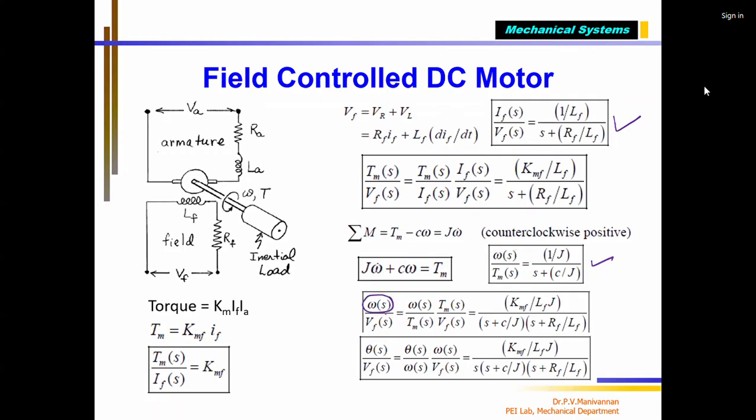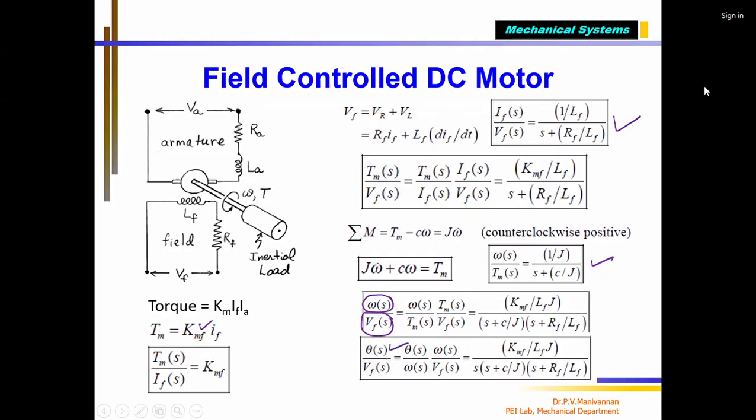Output shaft speed divided by input field control voltage equals omega S over Tm times Tm over VF S, which can be written in terms of Km, correct? Here already motor constant, divided by LF into J, divided by S into C by J into whole thing multiplied by S into RF divided by LF.